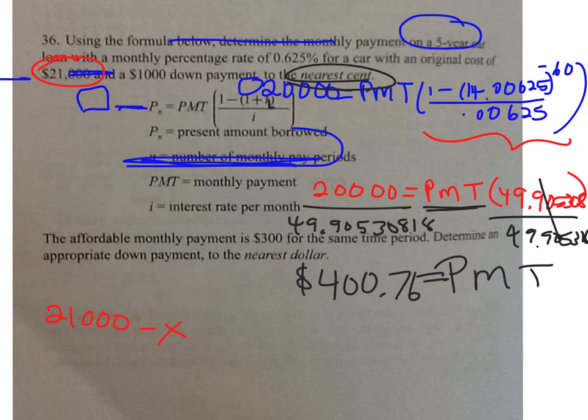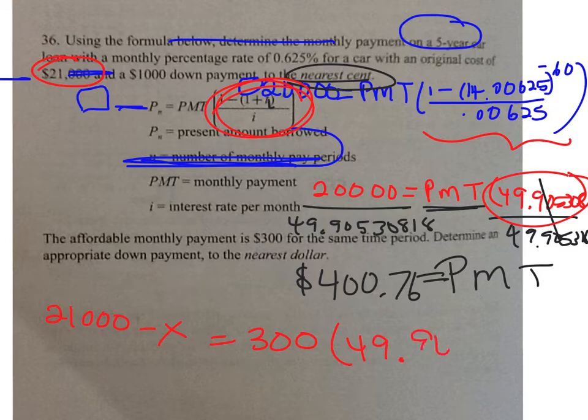I don't know what that is going to be. Equals your monthly payment, which is going to be $300, and then I have this here, and I already know what that is. That's that 49.905301818. Okay, remember now I'm solving for X over here.